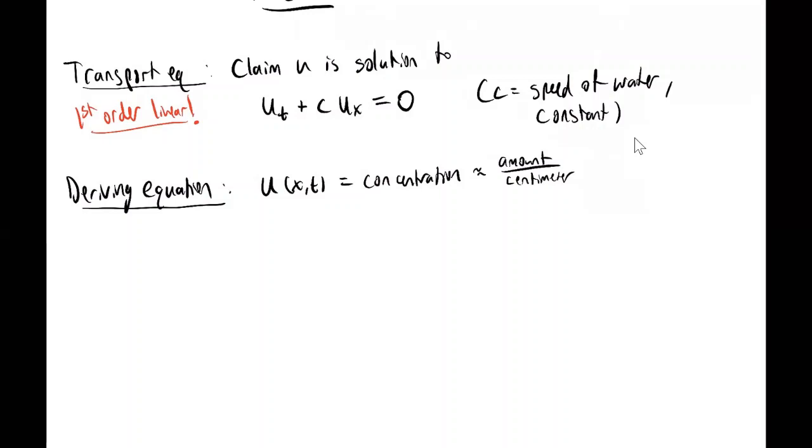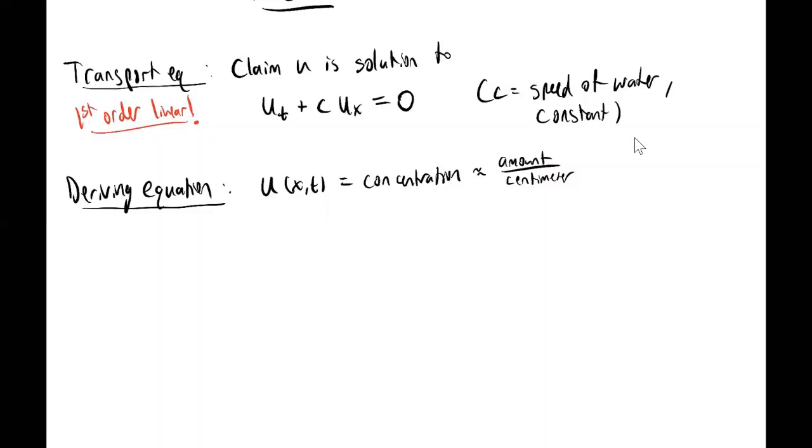But notice that the total amount of stuff in the interval you don't expect to change over time, right? Because the pollutant is not disappearing into thin air or anything. It's just moving to the right and everything's moving at a constant speed, so it's not going to spread out. So you would expect that if you measure the amount of pollutant, this is at least a quantity that doesn't change over time, right? And so we're going to use that observation to derive the equation.